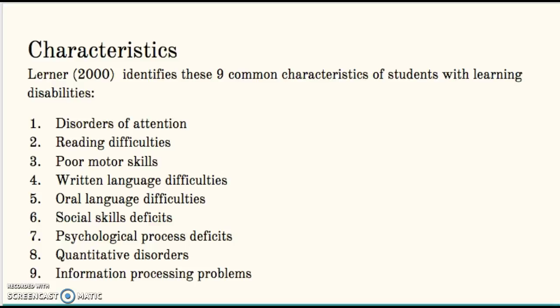Reading difficulties, poor motor skills, so they might not be able to write as fast as others, or they might not be able to copy what's on the board to paper as easily as other students. Written language difficulties, oral language difficulties, social skills deficits, psychological process deficits, quantitative disorders, and information processing problems.